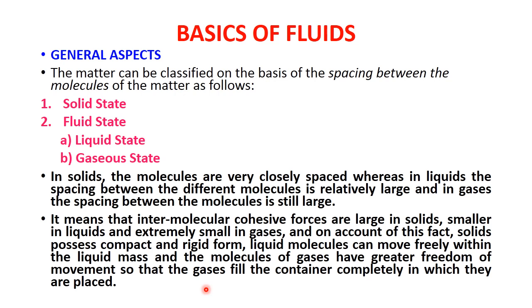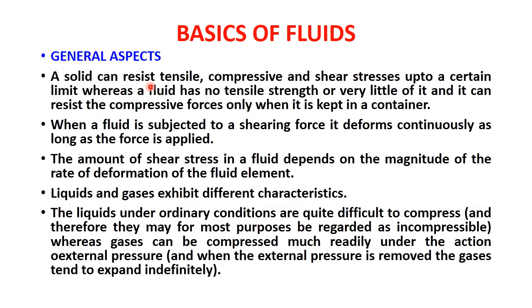If the cohesive force is large, then it is a solid, and vice versa. In solids the intermolecular cohesive force is very large, it is moderate in liquids, and it is very small in gases. So this directly gives us the type of matter involved in a particular fluid.